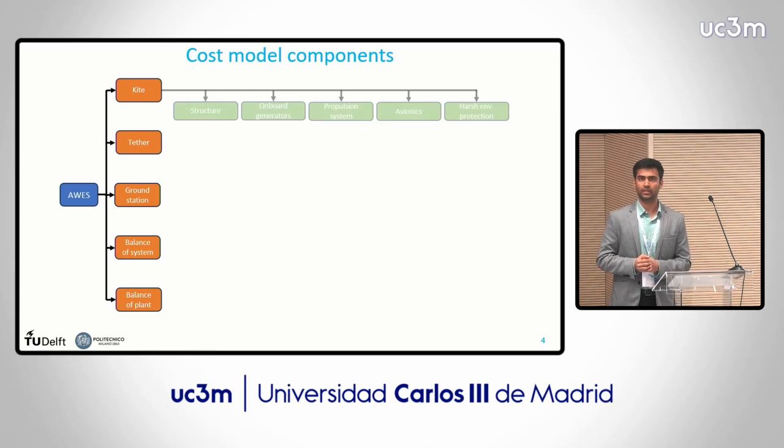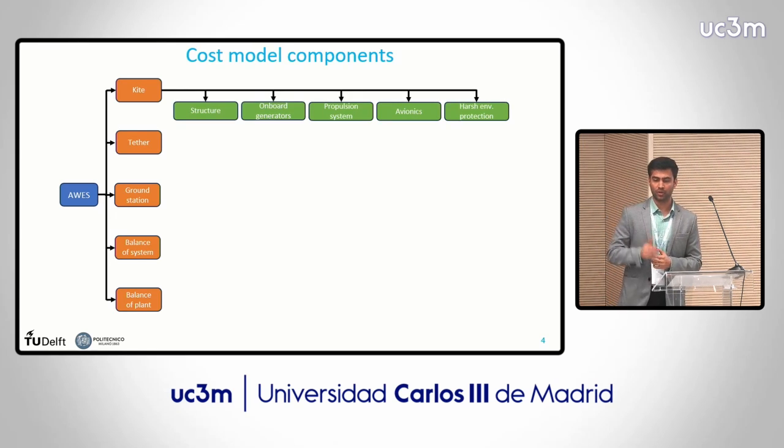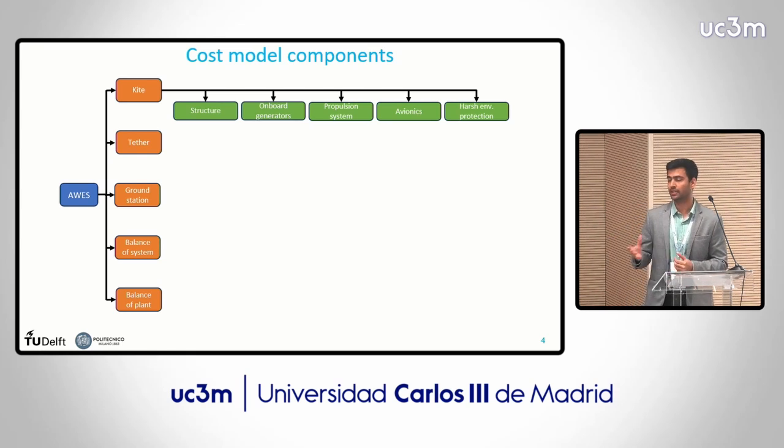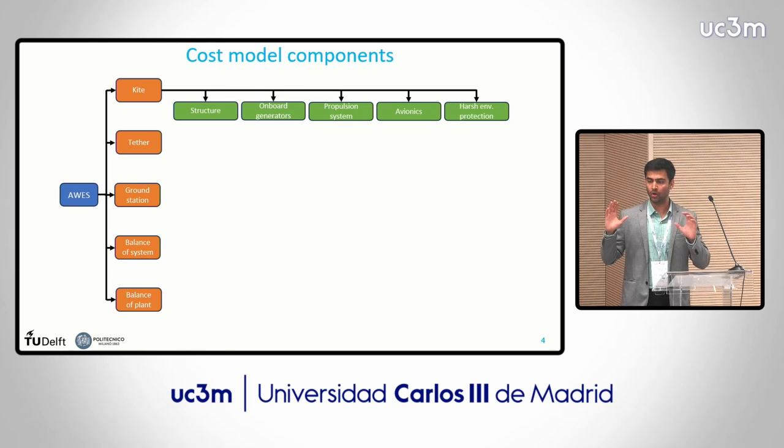The AWES costs are divided into 5 categories: kite, tether, ground station, balance of system, and balance of plant, in which you have further subcomponents, such as structure for the kite, onboard generators if it's a fly gen system, propulsion system if present, and avionics, which is the control pod or control units and all the hardware associated with it. There are also other components such as harsh environment protection, because you might need leading edge erosion protection or lightning protection.